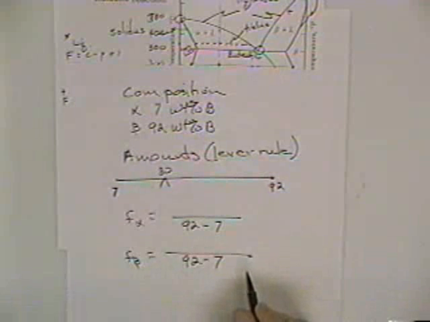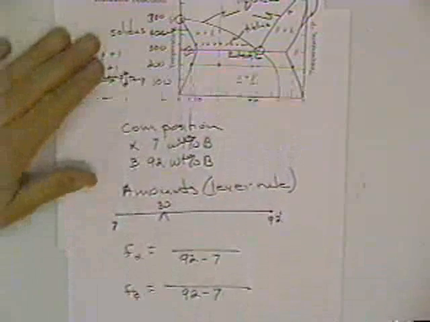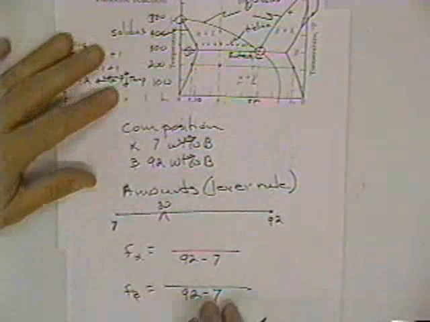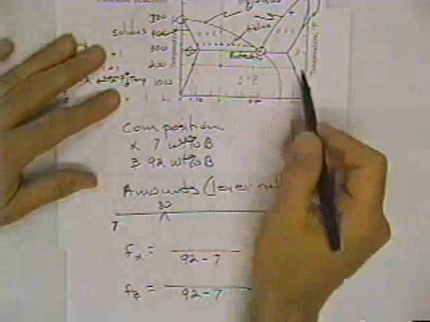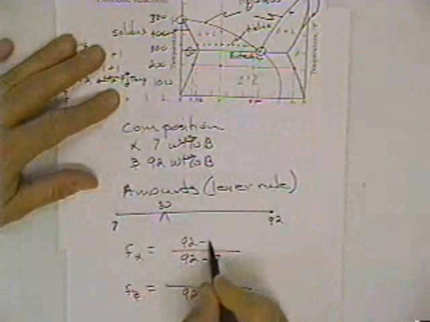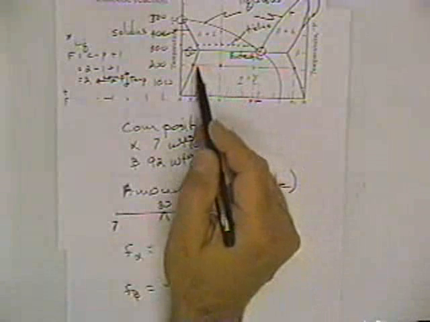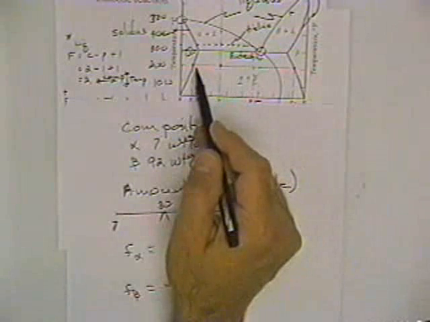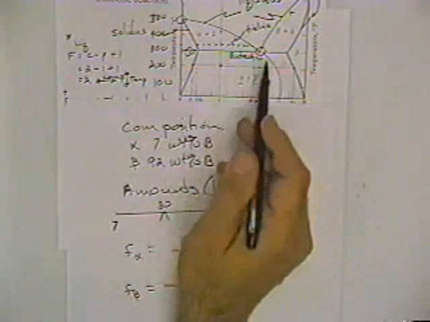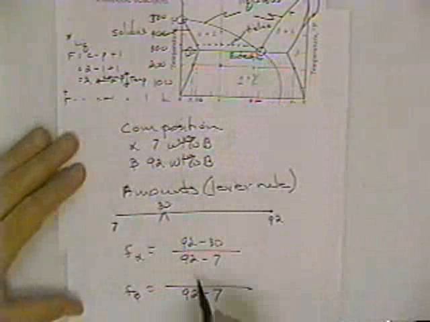Now we're a little concerned about the numerator. What are we going to put? Well, if you can remember that it's the opposite side, the alpha is going to be 92 minus 30. Well, how did I know that? You're on the alpha side of the diagram. If you were over here, you know it would be mostly alpha. So it's got to be the bigger portion of the line over the total line.